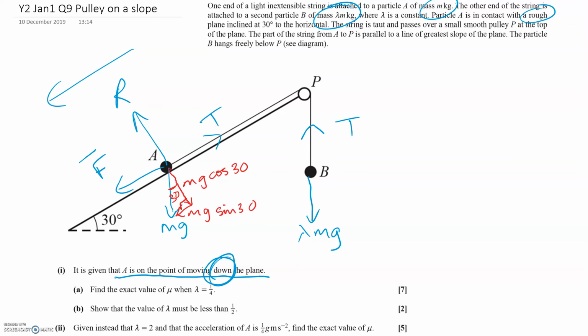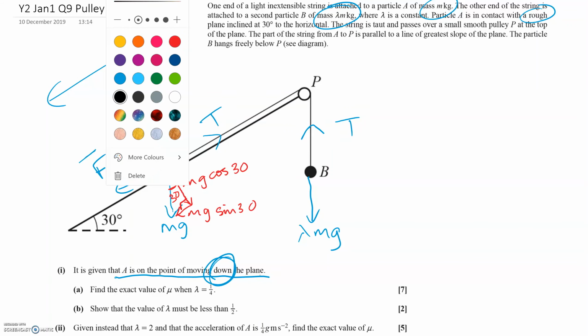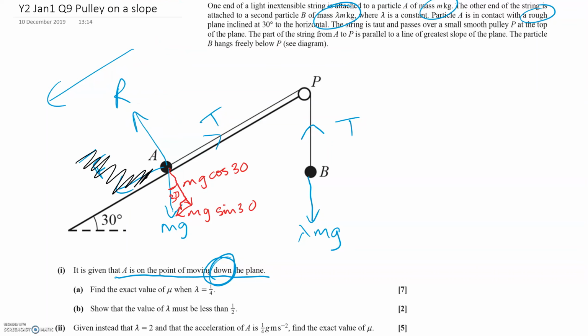So A is on the point of moving down the slope, which means that this friction is not acting in this direction. So I'll just cross that out, and actually the friction must be going in this direction instead.